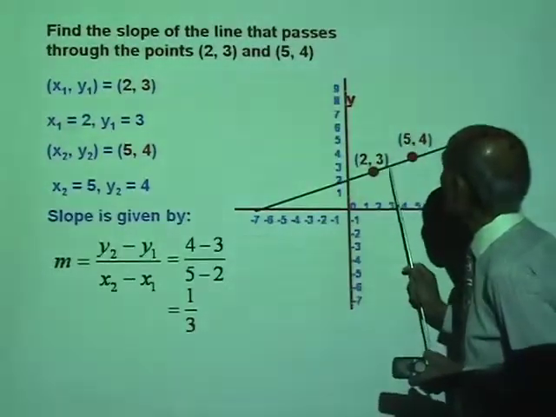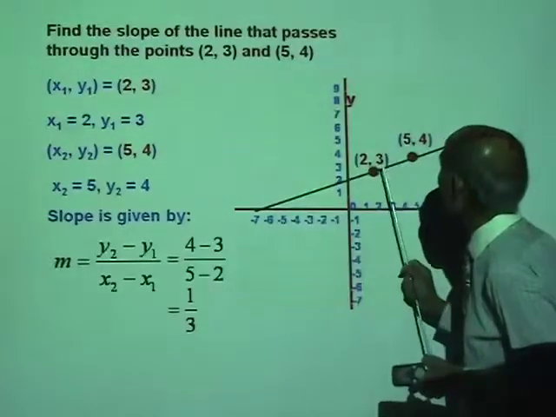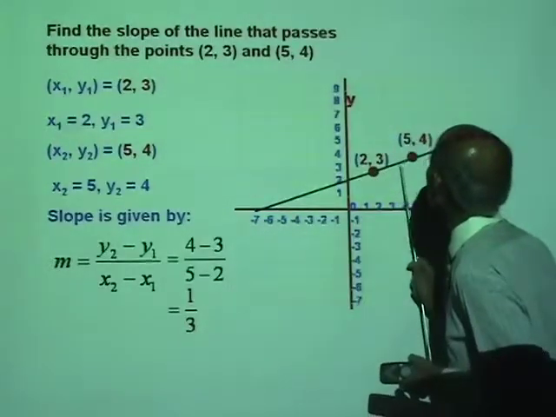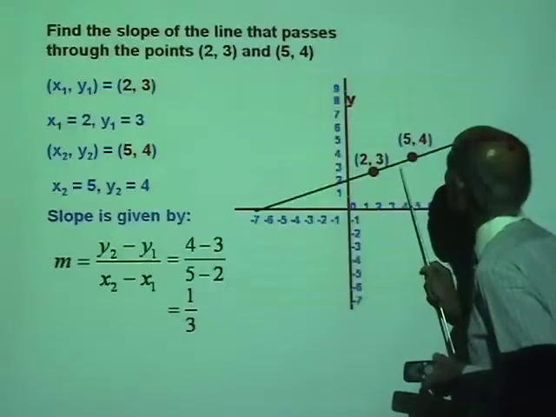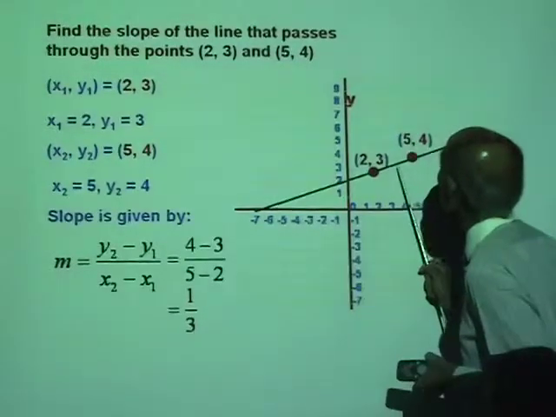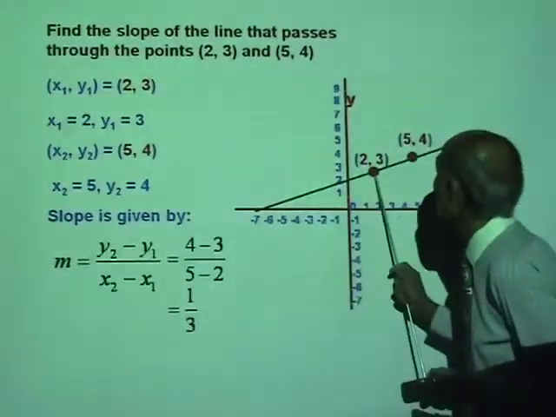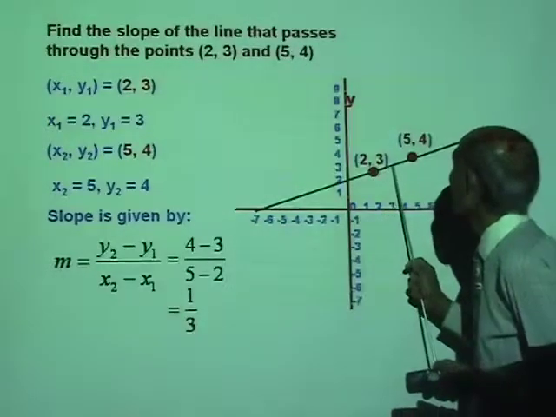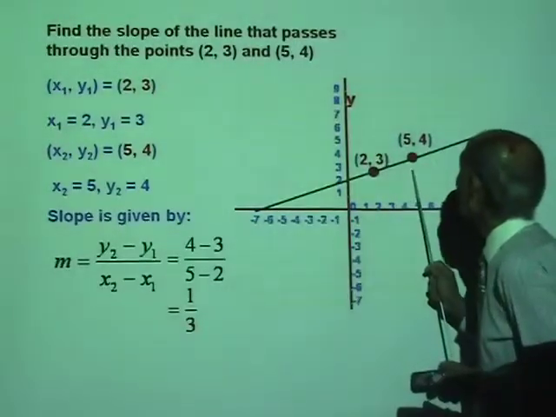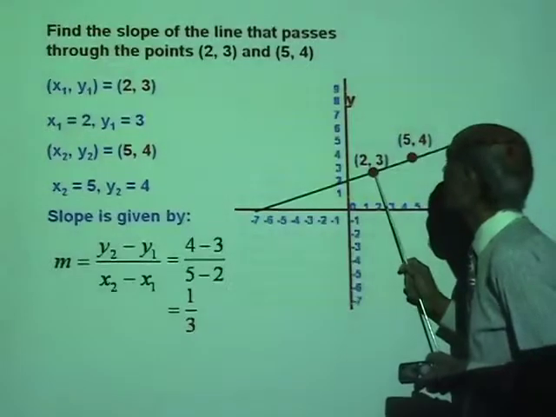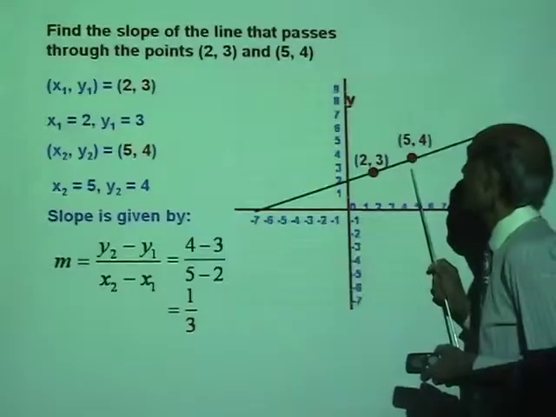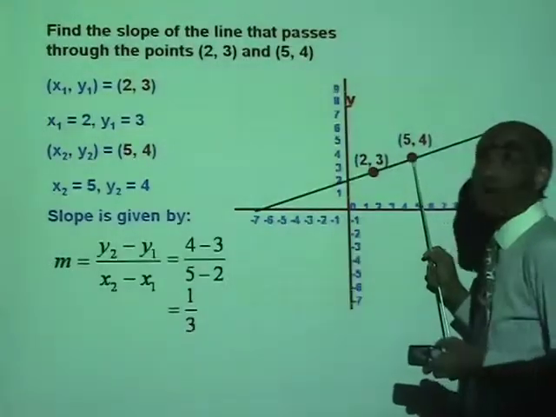If you stand at any particular point, say here, from (2, 3) you walk 3 units, 1, 2, 3, and rise 1 unit, you are back on the line.